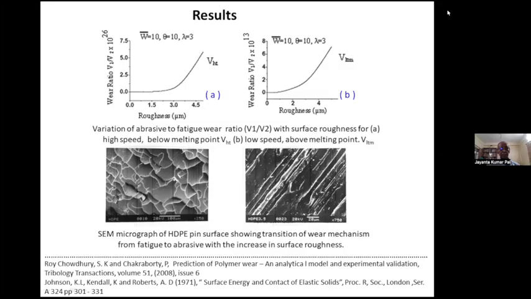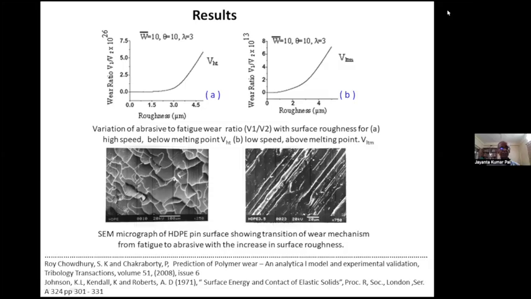And in the figure below on the slide, we show a scanning electron microscope micrograph of an HDP pin, in a typical pin-on-disc experiment, with the increase in roughness. Now, when the roughness is small, obviously we would expect fatigue wear, and this shows fatigue cracks.